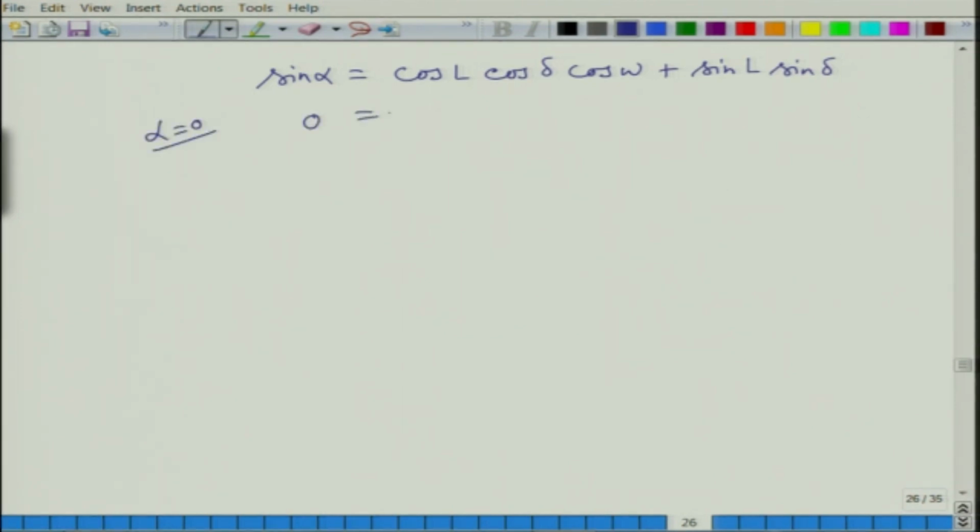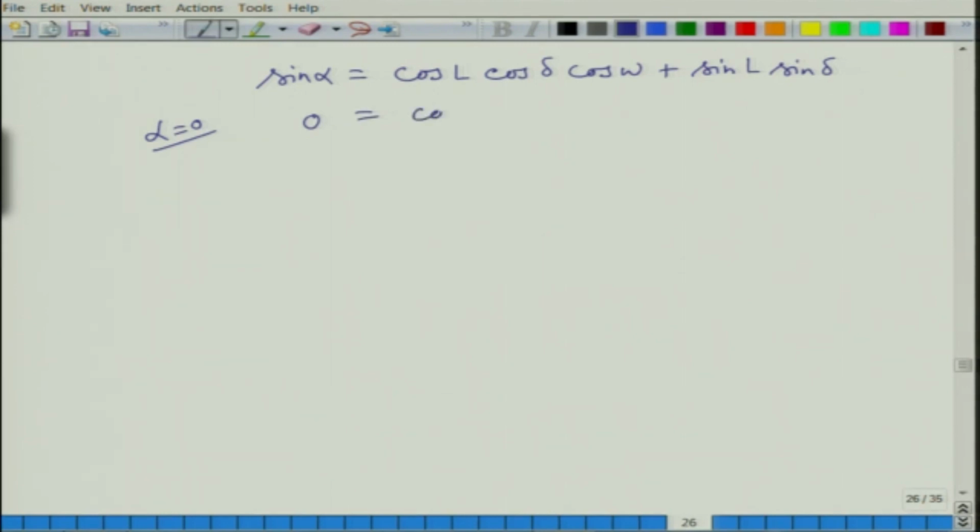Again, let us take the equation. We know in terms of the altitude angle, we have this equation: sin alpha equal to cos L cos delta cos omega plus sin L sin delta, right. This we have seen earlier. Now for alpha equal to 0, sin alpha equal to 0.